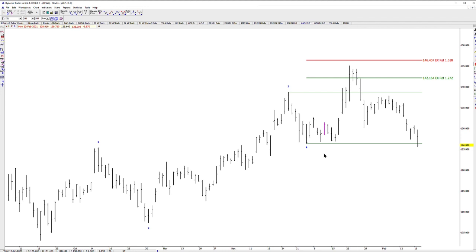So again, this impulsive trend was complete right in the zone of the 1.272 to the 1.618. Very important zone to be alert to if our other technical analysis, including pattern analysis or maybe multiple time frame momentum position, is indicating the market's near the completion of a trend or a counter trend.